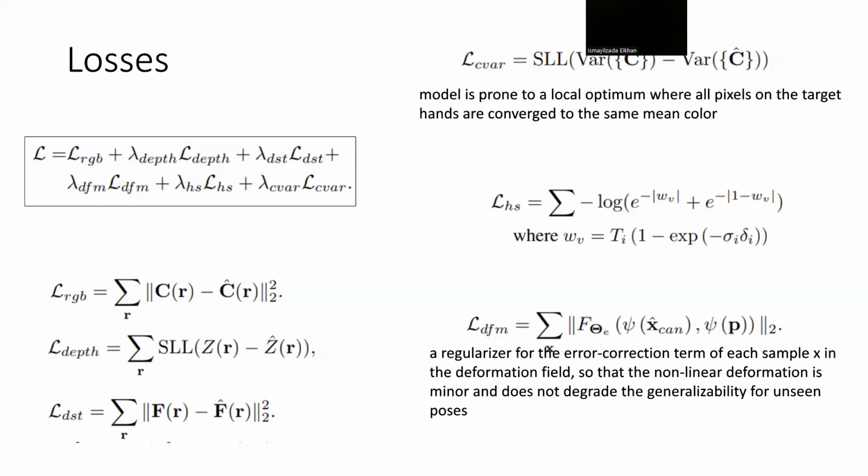To avoid that, they applied this loss, which essentially encourages the volumetric representation to be either 0 or 1, so that either there is a solid object, such as the hand, or there's nothing at all, so that we don't get those semi-transparent structures outside our hand's representation.